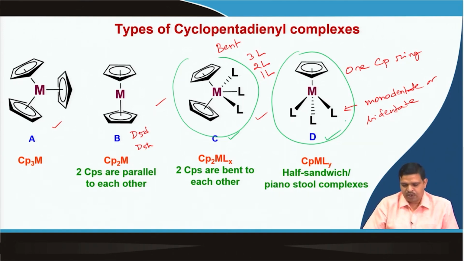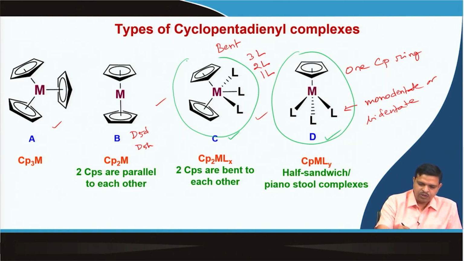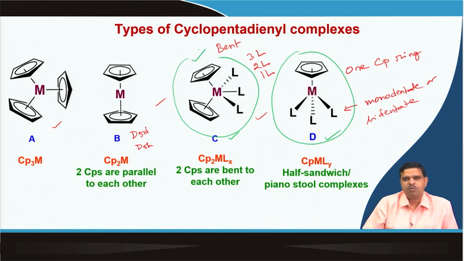So, it is important to understand first the electronic nature and the orbitals of this category, the bent metallocene, where you have two Cp rings which are not parallel but bent, and the other ligands may be alkyl or aryl, halides, and the number will vary from 1 to 3. Let us try to understand the electronic nature of these bent metallocenes.